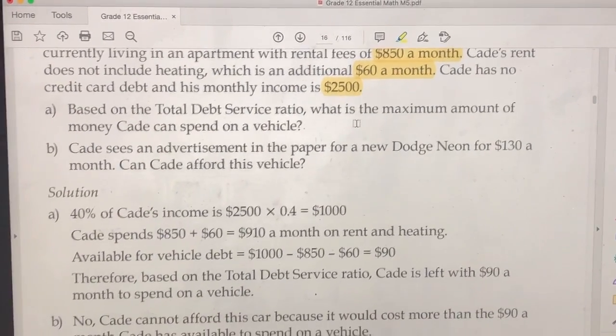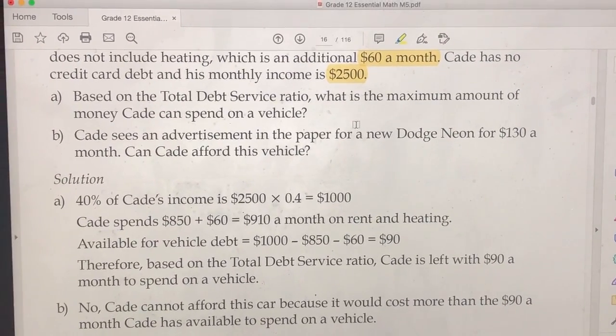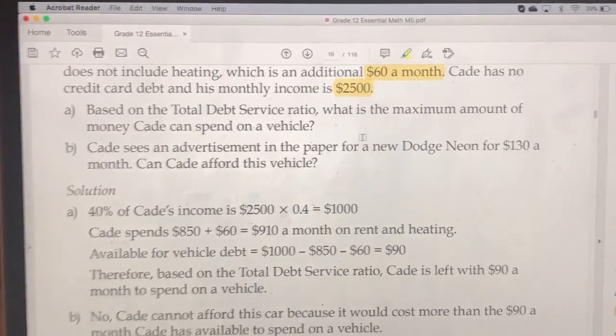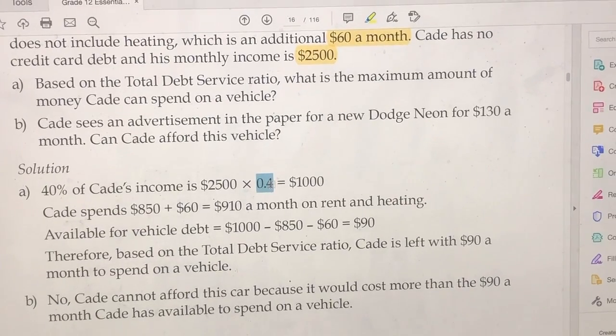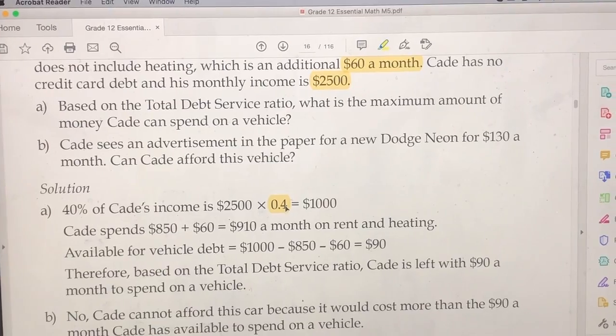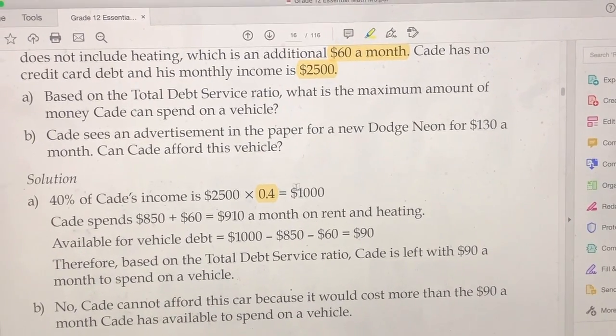All right. So we're going to have to do a couple things here based on the total debt. It's asking for what's the maximum amount of money he can spend? Well, remember that 40%. This 0.4 comes from the 40% of what he can possibly afford on something. So this would be his maximum amount.